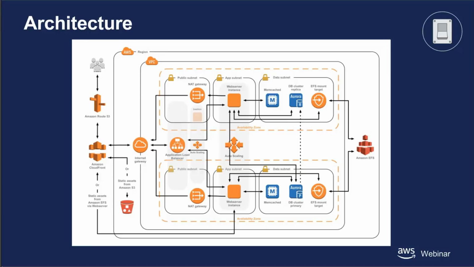You could have an optional caching layer with Memcached or ElastiCache sitting in front of that. And then you have this auto-scaling web fleet that will automatically scale up and down depending on the needs of your site. All this is going to be accessed via an application load balancer that will distribute your load to these EC2 instances automatically for you.